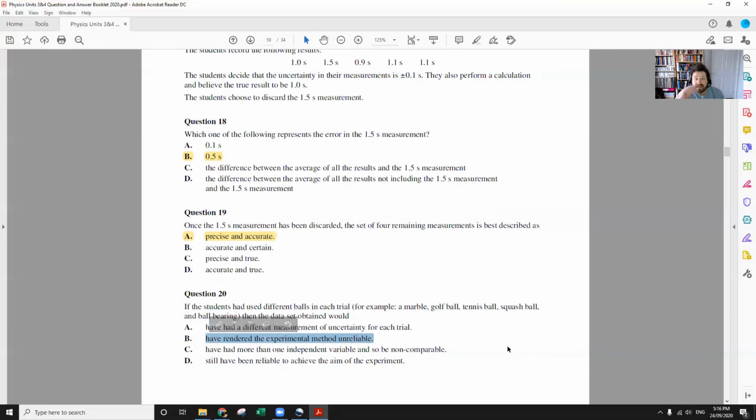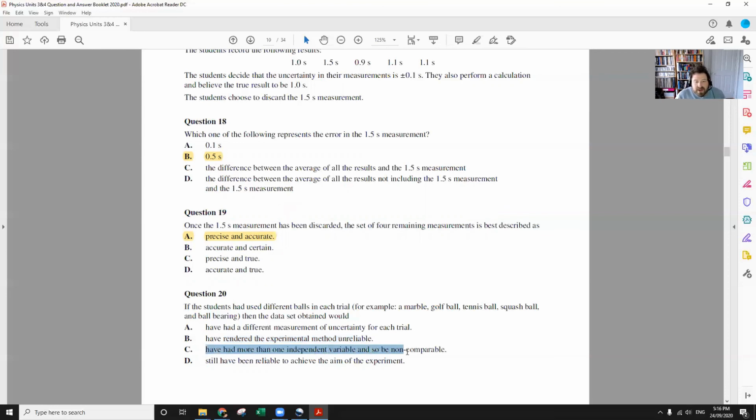So remember, reliability is all about whether somebody else could come along and get the same results as you if they were to repeat the method. And as dumb as this method is, somebody else could do it, and they would expect potentially to get the same sorts of results, assuming that lots of other things were controlled for.